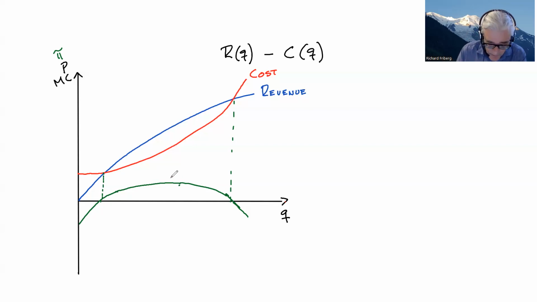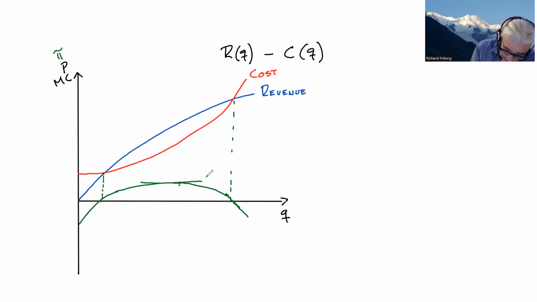So, stop and turn back, right? Where are profits the highest? Well, where the slope of the profit function is 0. Okay? We're at the top of the hill. This is where we're at the profit maximizing point.